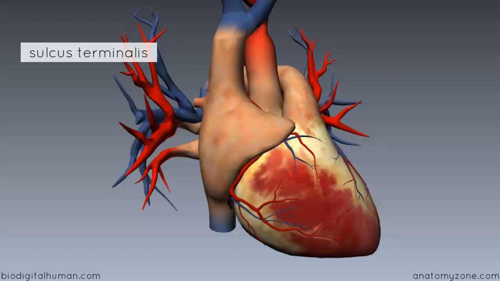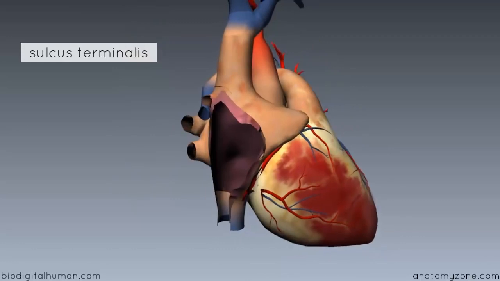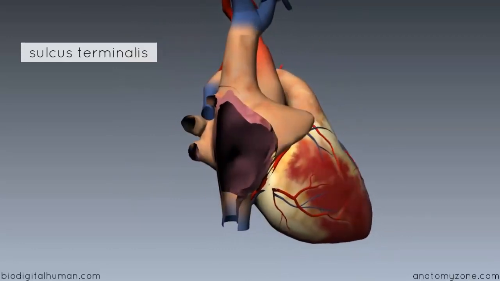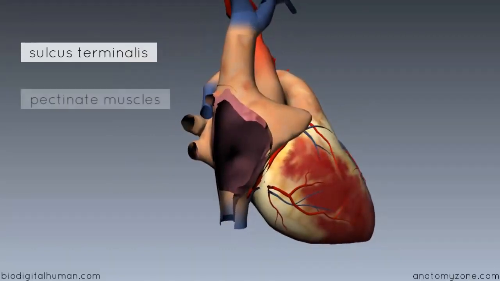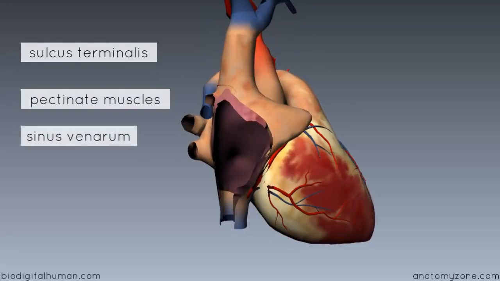and it's not shown on this model here, so I'll just draw it on very roughly. You've got this vertical groove here called the sulcus terminalis, and this externally marks the two divisions of the right atrium. This line separates the right atrial pectinate muscles from the sinus venarum.